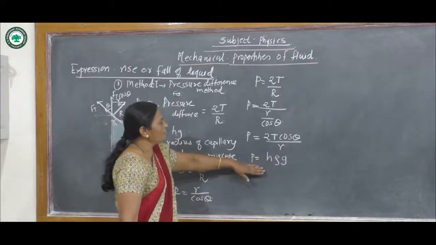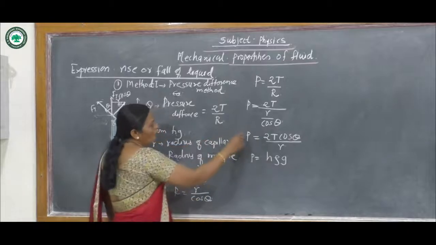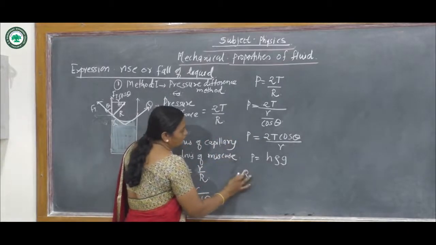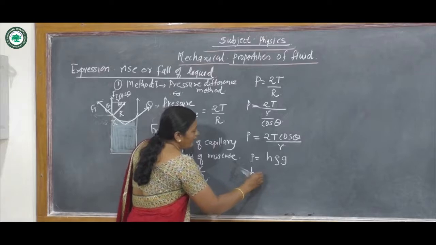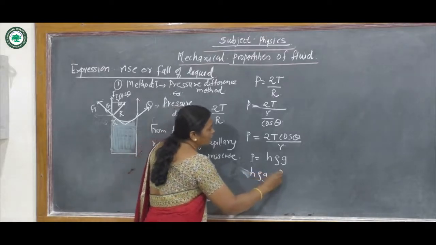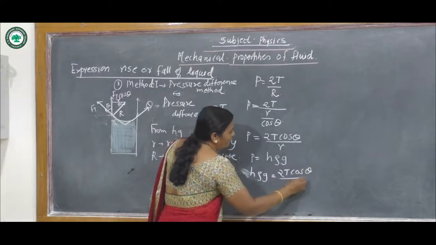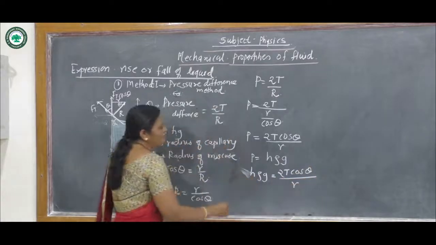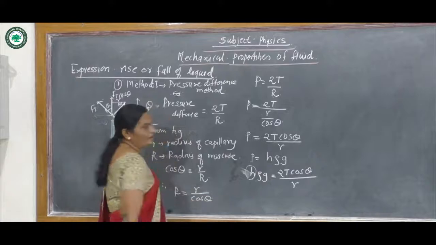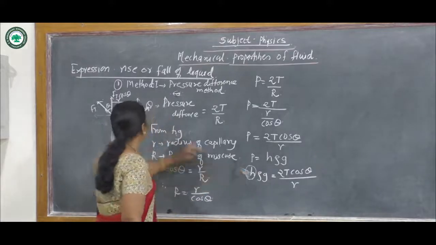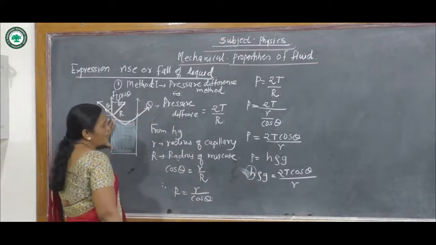Substitute the value of P in this equation, we get H rho G is equal to 2T cos theta divided by R. Simplify it for H. What is H here? H is the height of the liquid column.